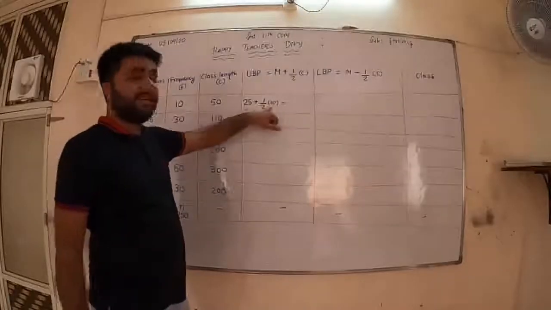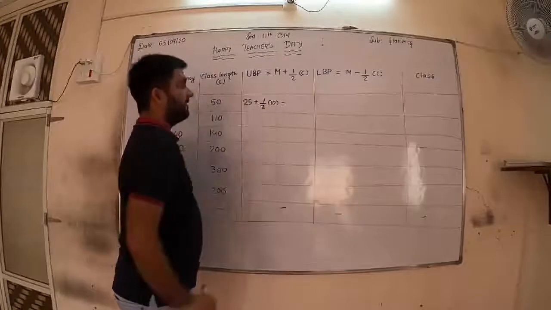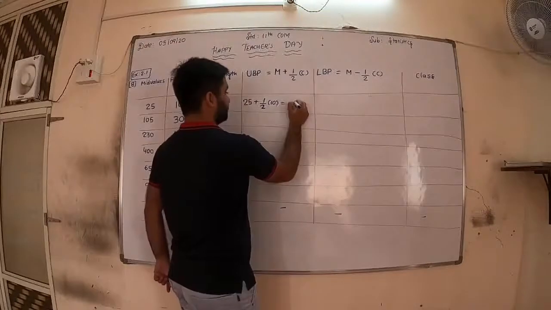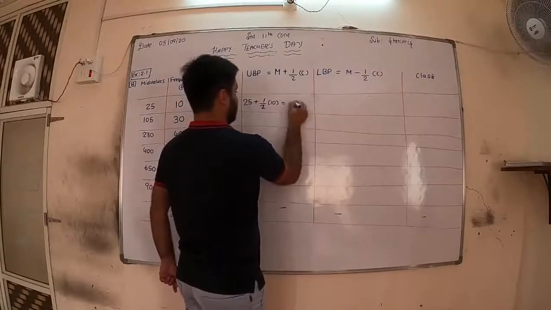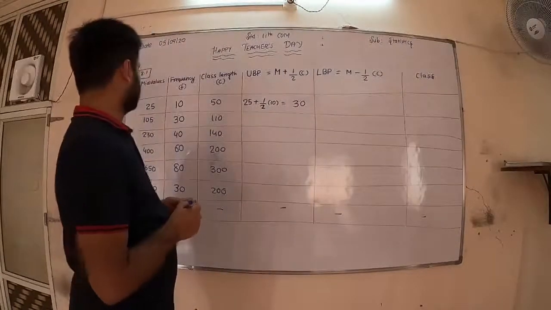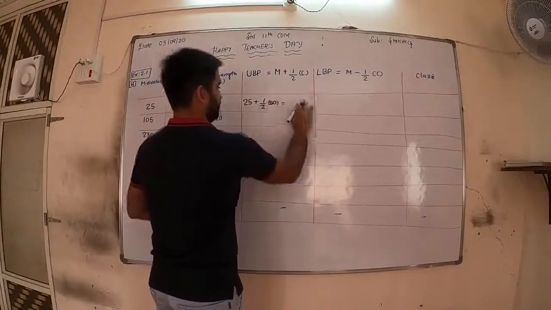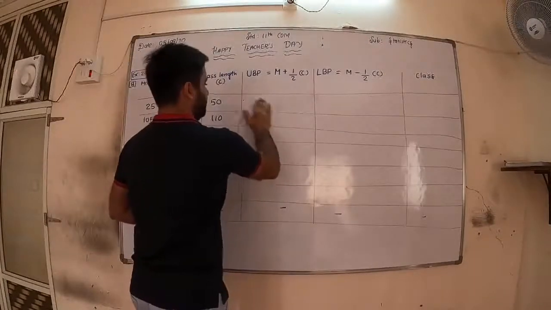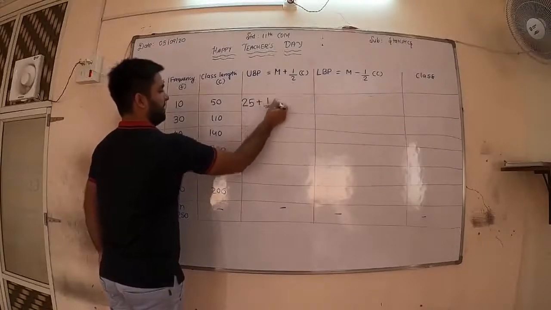First take the calculator and solve this. 10 by 2 is 5, 5 plus 25 is 30. No, sorry, I am making a mistake. Let it be written again. Okay, 25 is the mid value plus 1 by 2 into 50.